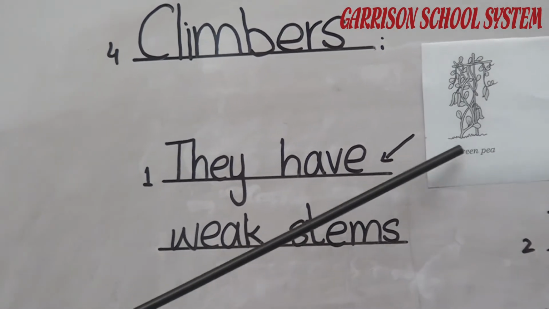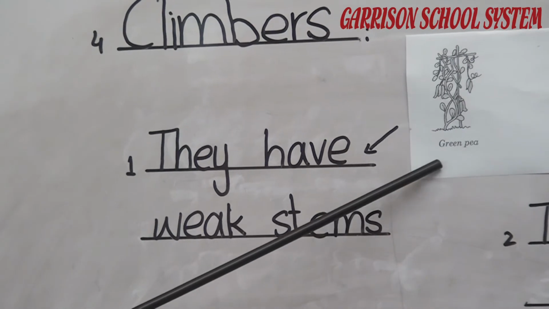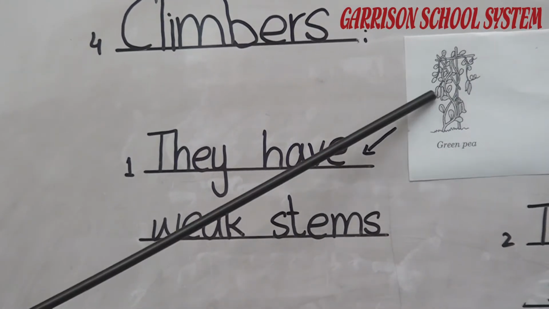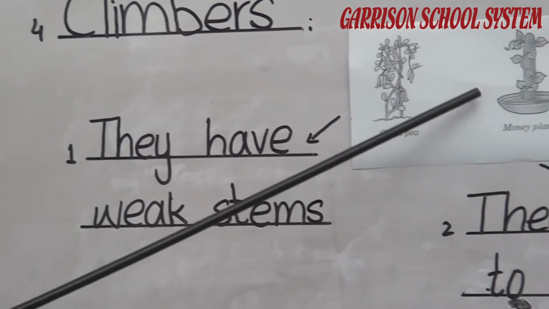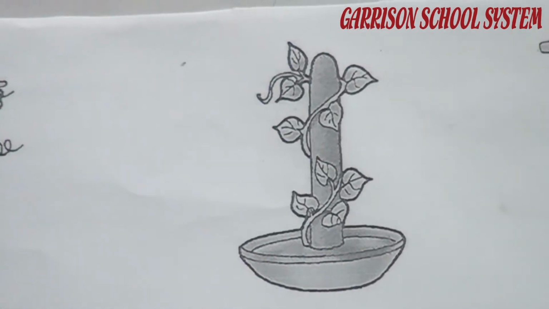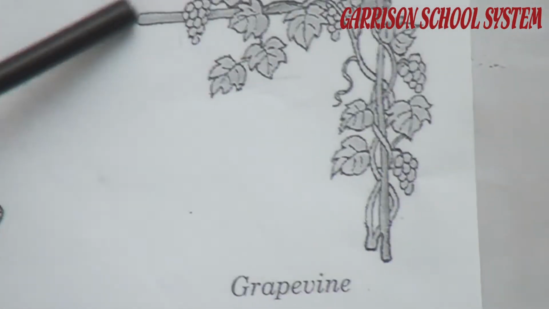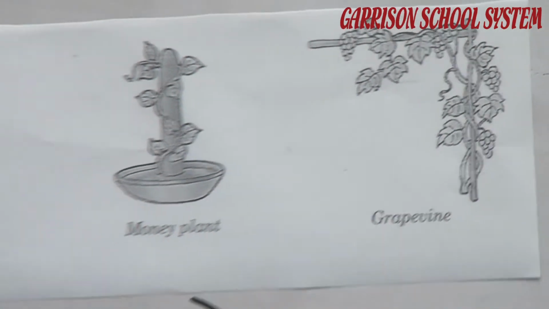The support which they need is some type of plant. For example, green pea, you can see it is climbing on another type of plant. Money plant will also get support from another plant. Grapevine, you can see it is climbing on a branch. It can also get support from a thread.